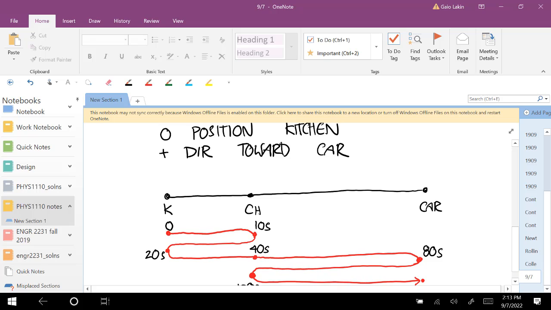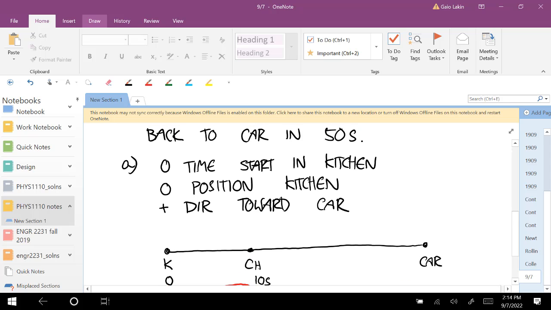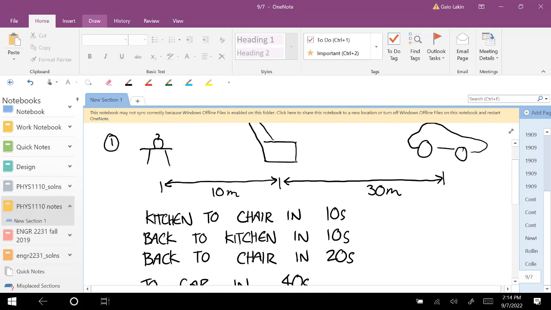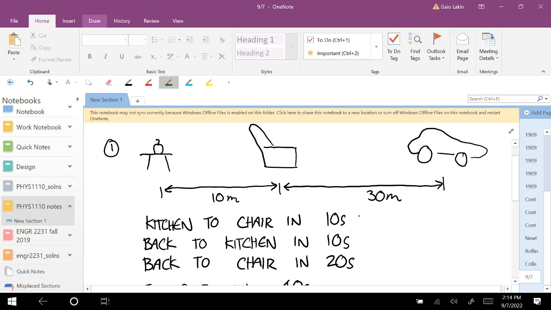And now we can label all the locations numerically because we know that we're choosing our 0 position to be at the kitchen. So that's our 0. And our positive direction is this way. Those are the things that are given. We know the distances between these things, 10 meters and 30 meters.